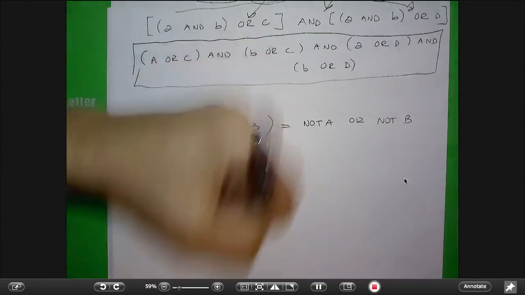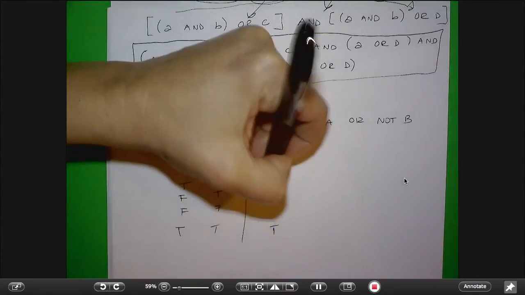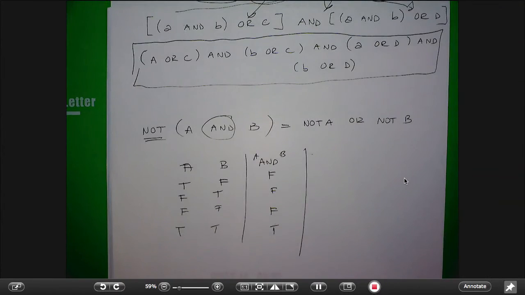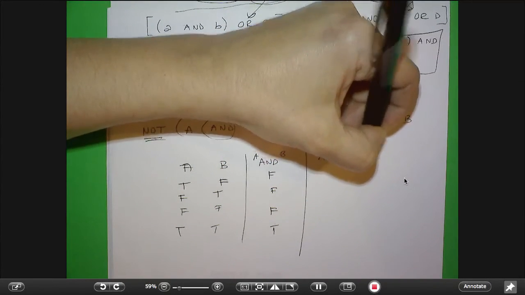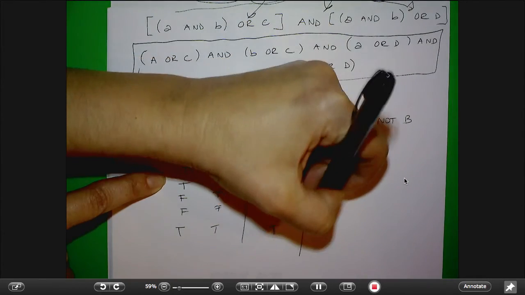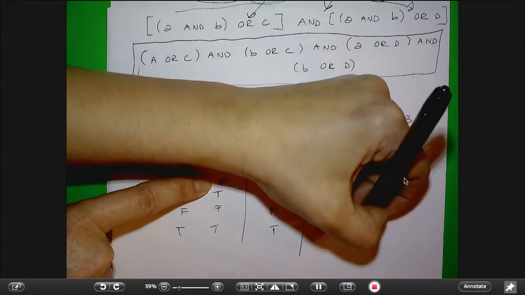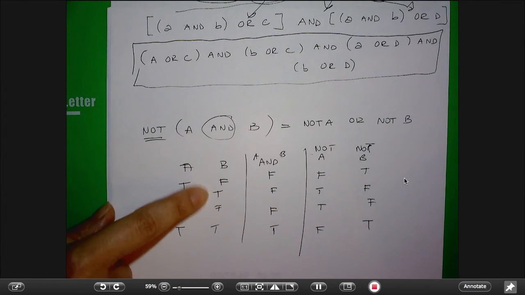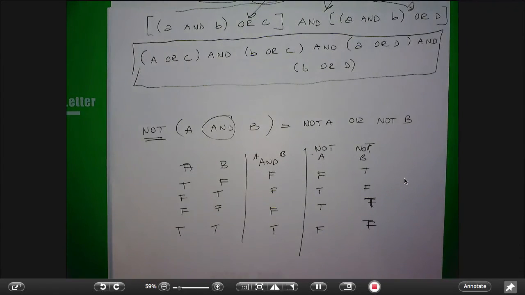And if you have A and B, only this is true, these are all false. Okay? Hopefully I have not messed this up, but not A, and this is not B, right? So not A is false, true, true, false, true, false, false, true. No, so this is true, false, true, false, right?